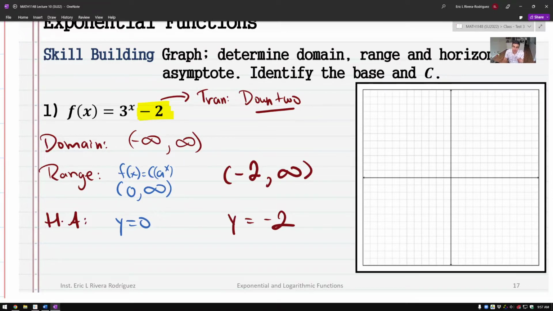Let's identify the base, the value of the base. Can you tell me the value of the base and the value of the constant factor? Can you identify the value of the base? The constant factor.